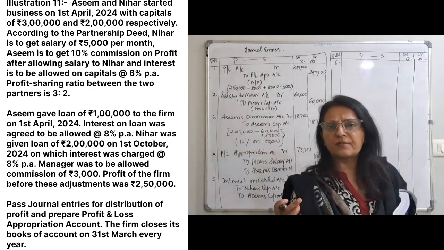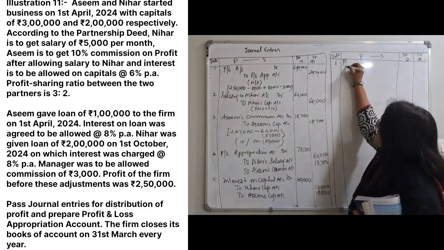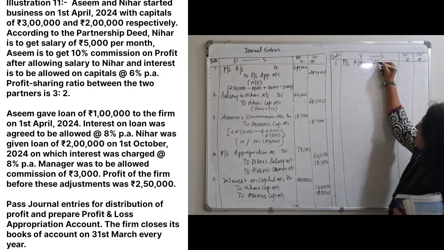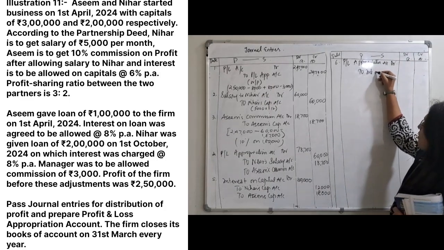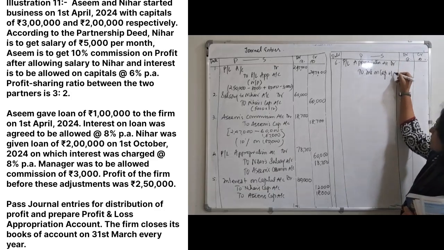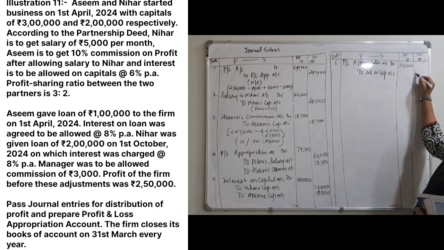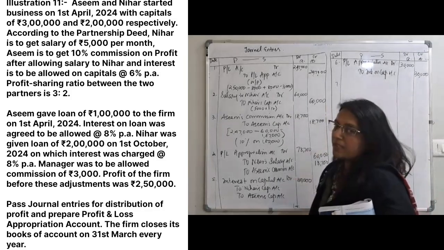Salary, commission, interest on capital, these always have two entries. So profit and loss appropriation account debit to interest on capital account, which will be 30,000.